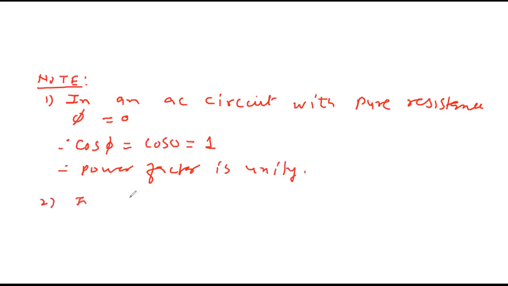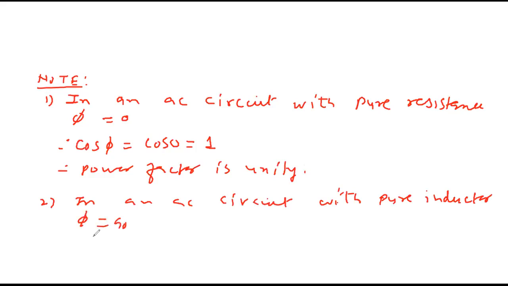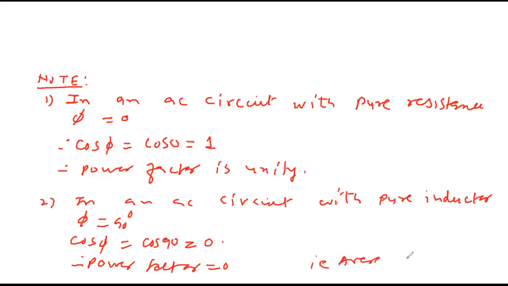In an AC circuit with pure inductor, phi is 90 degrees, so cos phi equals cos 90 equals 0. Therefore, power factor equals 0. That is average power for one cycle.